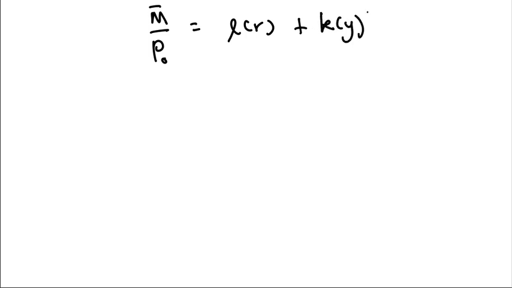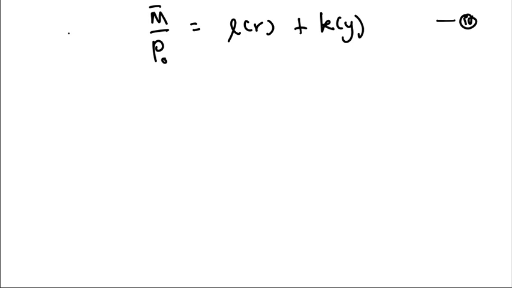So let me rewrite again the equation. Equation 11. So we have money supply over price, nominal one, which is fixed, and then as a function of speculative demand for money and also transaction demand for money. This is 11.